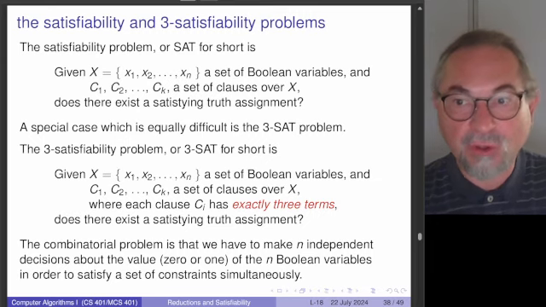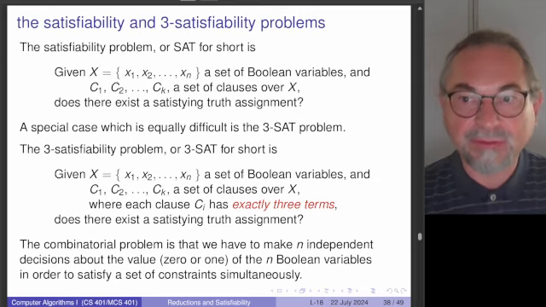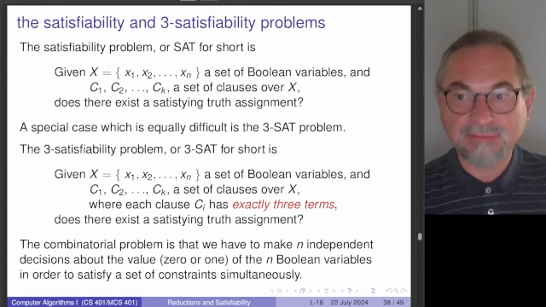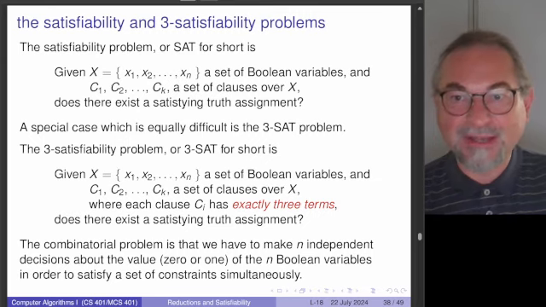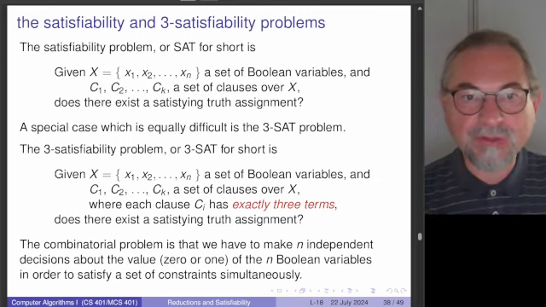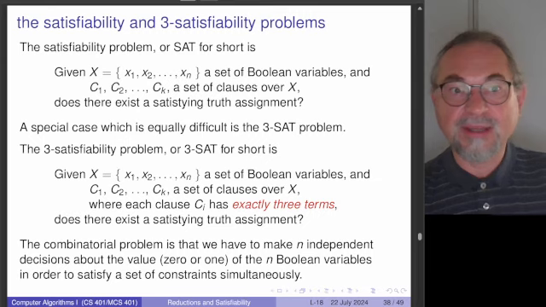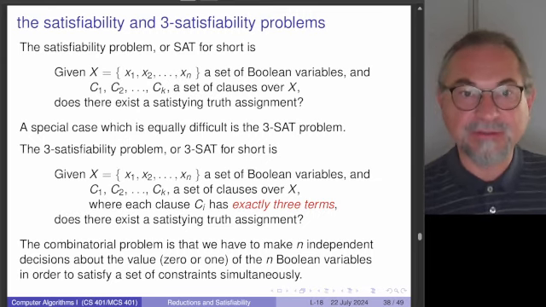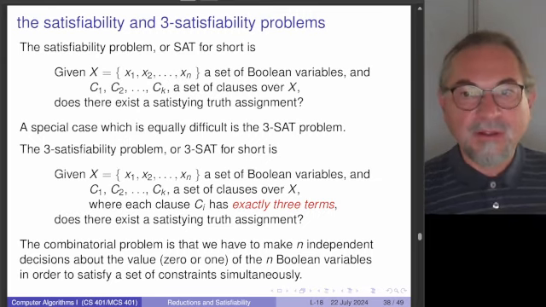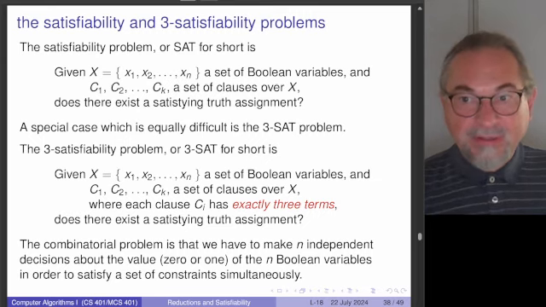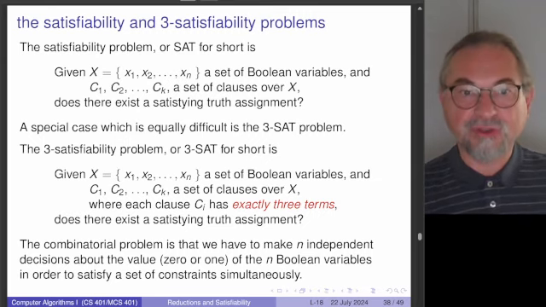And then a set of clauses, which are expressions in these variables which use the or and also the negation operation. If we then consider the conjunction of all these clauses, can we find an assignment of these variables that computes to 1? In other words, is there ever an input for which the entire expression is true?